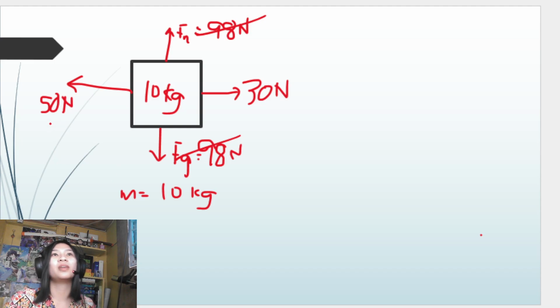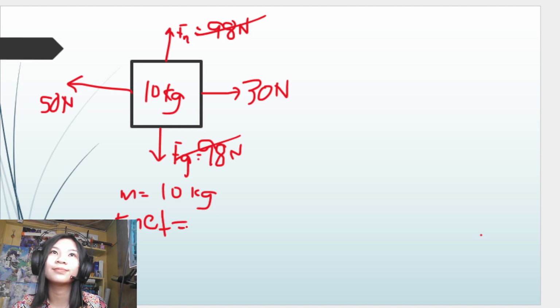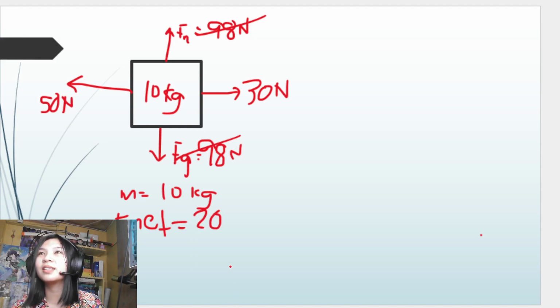Okay? So here, since they are balanced, we are left with the horizontal forces. So 50 minus 30, we have the F net of 20. What is the direction? To the left. Why? Because 50 is bigger than 30.